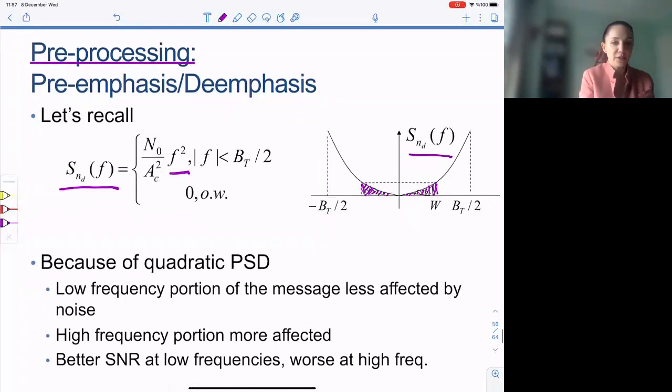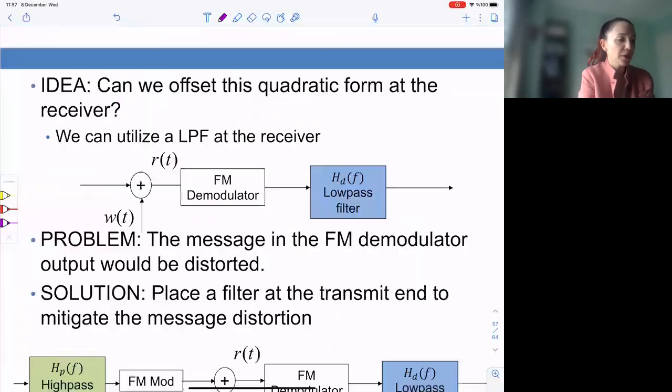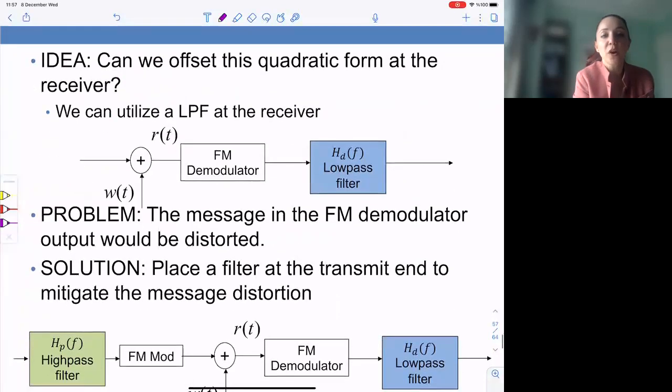Could we take care of this? Could we do something to remedy the better SNR at low frequencies and worse SNR at high frequencies situation? So here's the idea. Maybe we could offset this quadratic form at the receiver.